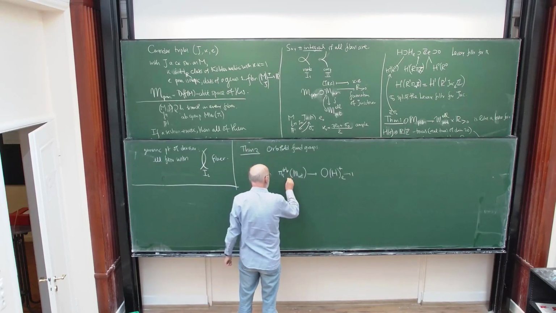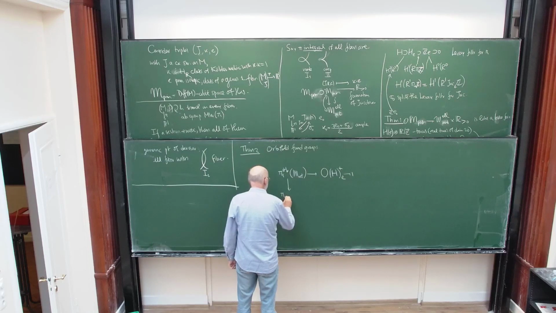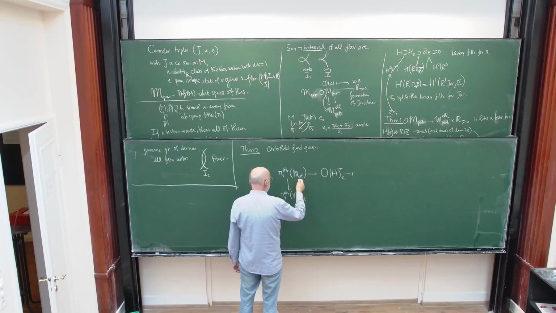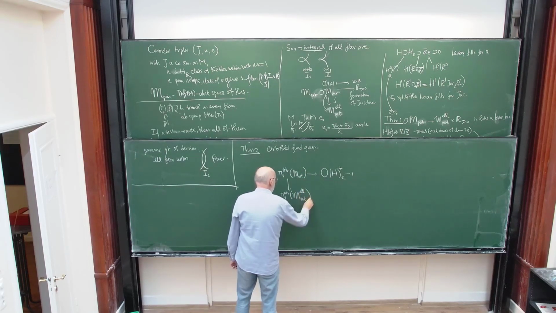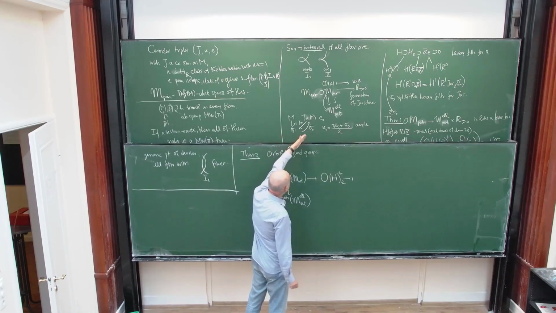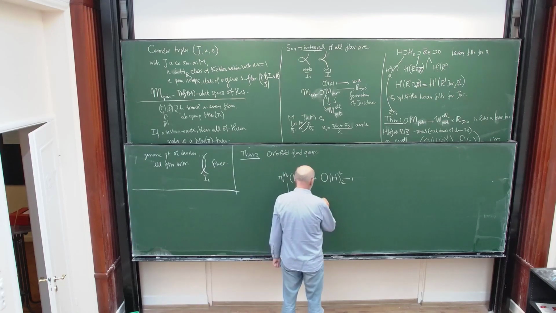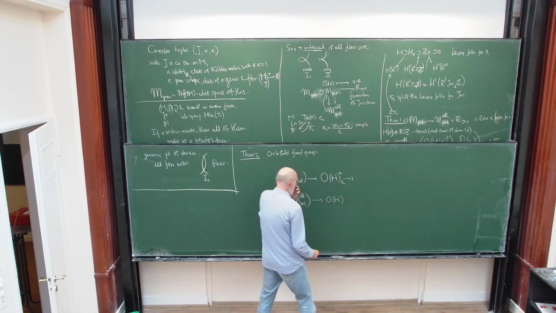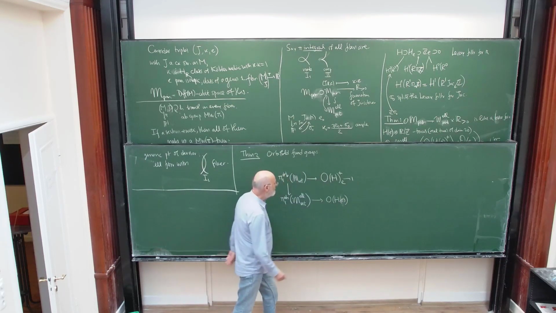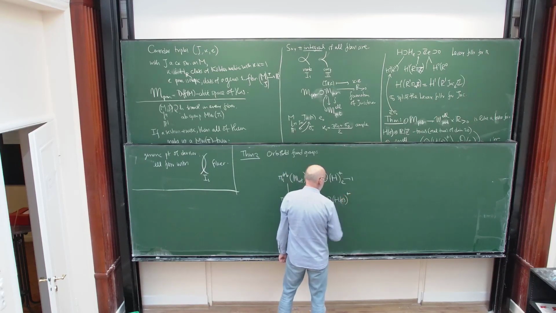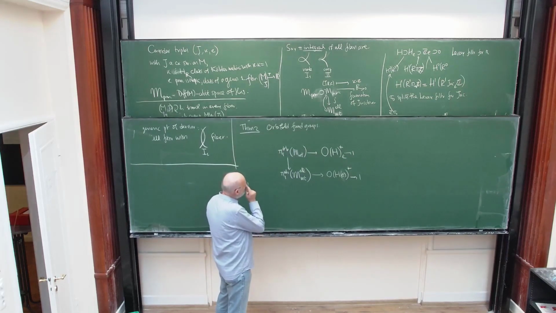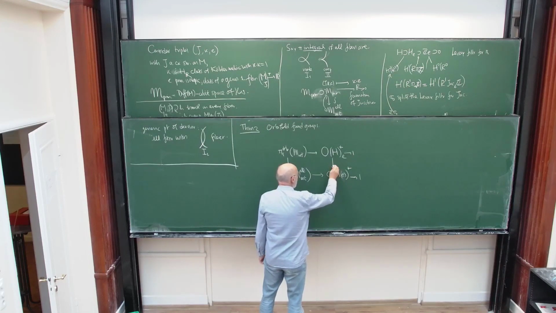We have also that going this way, so that's coming from the Jacobian construction. And as you can see from this previous discussion, there is also an induced map like this.